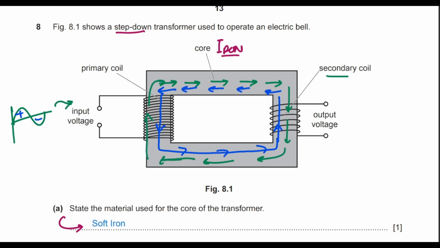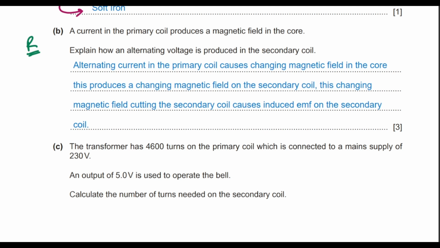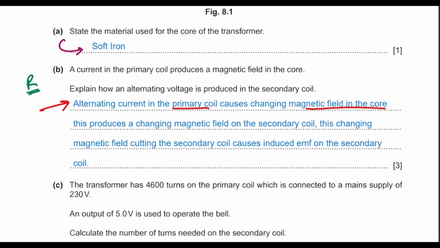Now, when the secondary coil experiences this changing magnetic field, it experiences induced EMF, which is Faraday's law. And the voltage experienced by the secondary coil is less because there are fewer coils. If the coils are fewer, it produces less voltage because there is less cutting of the magnetic flux, or the magnetic field produced by the magnetic domains. So this is what is explained in the answer: the alternating current in the primary coil causes the changing magnetic field in the iron core, where the magnetic domains, or these arrows, are drawn.